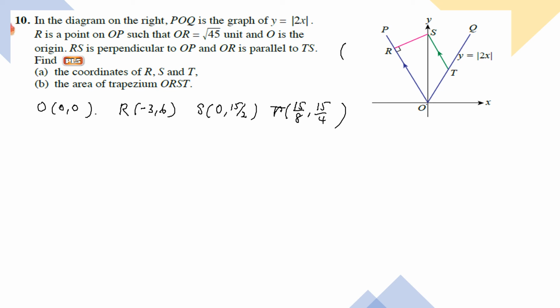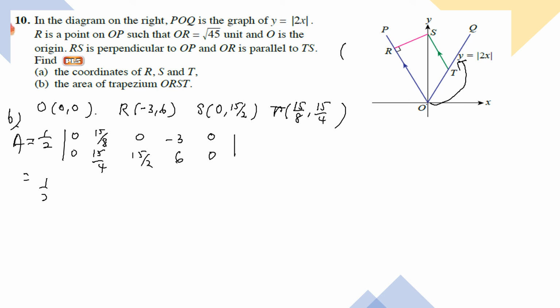Since this is a trapezium, we use the same formula. The area of trapezium: we start with the first one, 0, 0, and then T. I will do anticlockwise. So 15 over 8, 15 over 4, then S is 0, 15 over 2, lastly negative 3 and 6. Don't forget we need to repeat the first one.